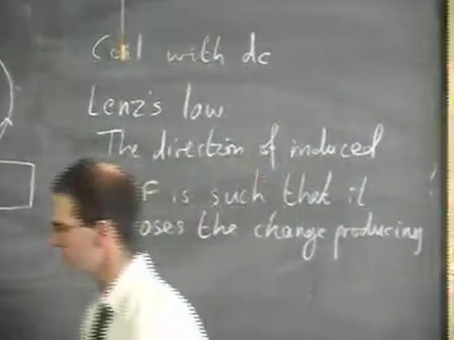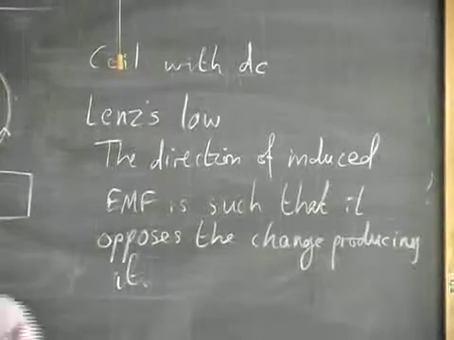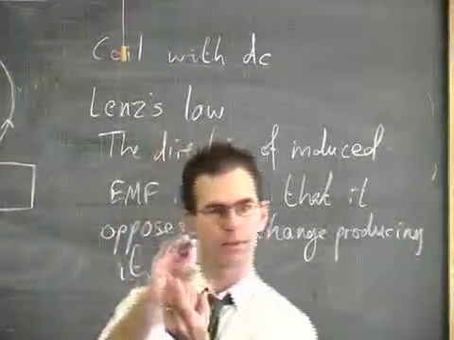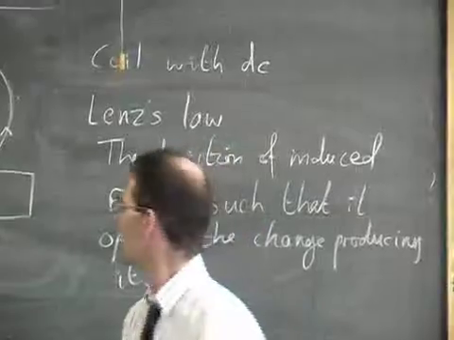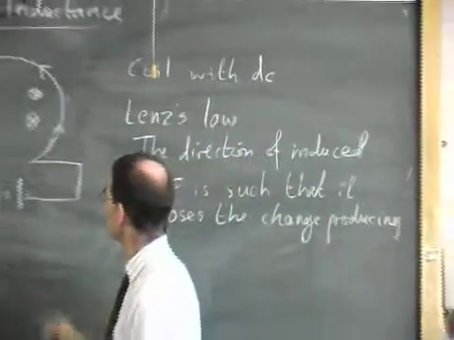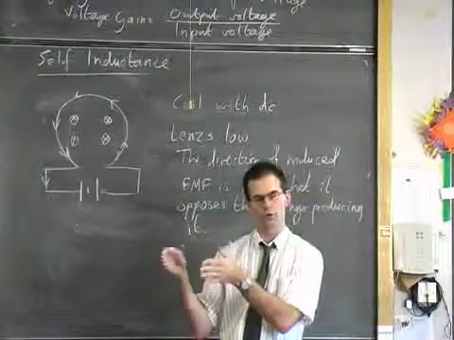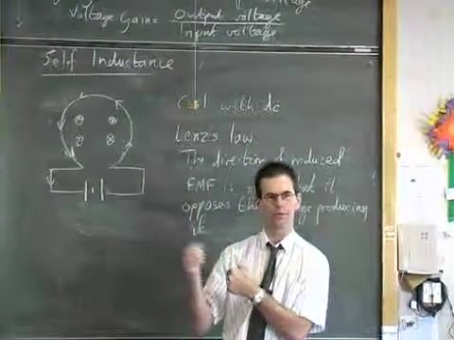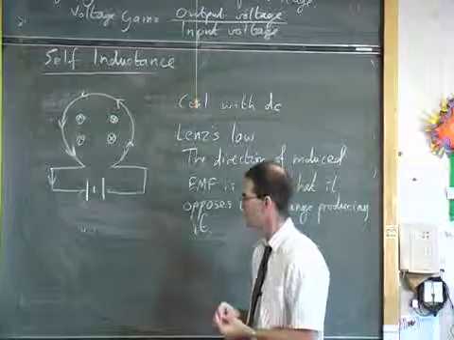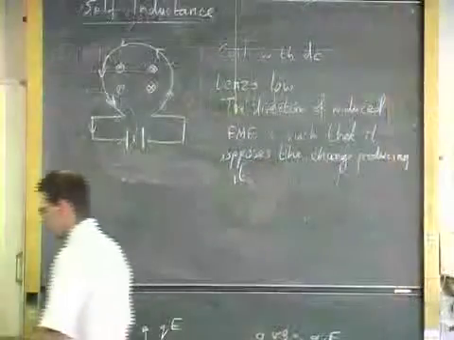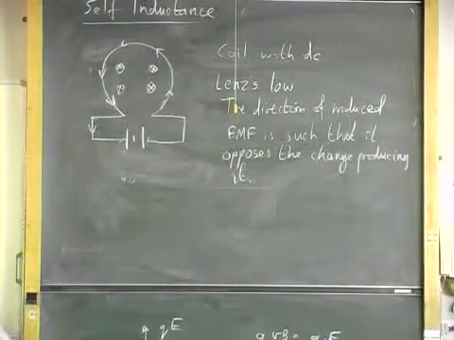So it's a bit like this coil of wire has its own internal battery that suddenly sets up in opposition to the applied EMF. The value of that internal or back EMF is actually equal and opposite to the EMF which has been externally applied.